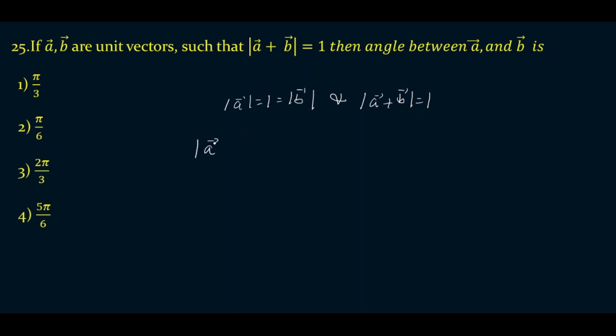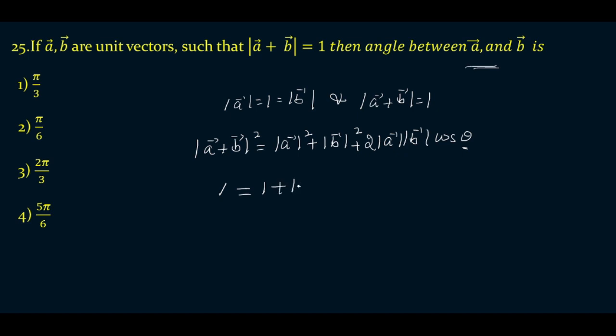One result we should know: the magnitude of A plus B whole squared is always equal to the magnitude of A squared plus the magnitude of B squared plus 2 times A dot B. A dot B means the magnitude of A into the magnitude of B into cos theta, where theta is the angle between these two vectors A and B. Substituting the values, 1 squared is 1, equal to 1 squared plus 1 squared plus 2 into 1 into 1 into cos theta.